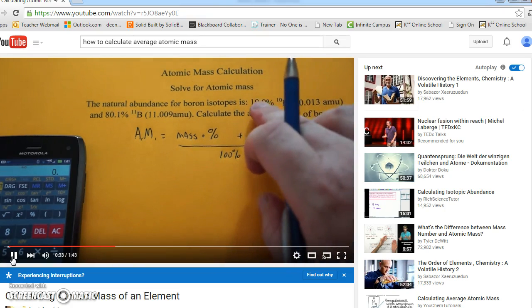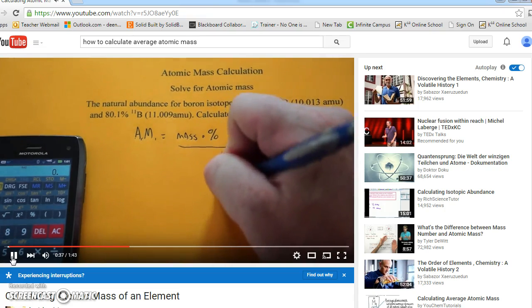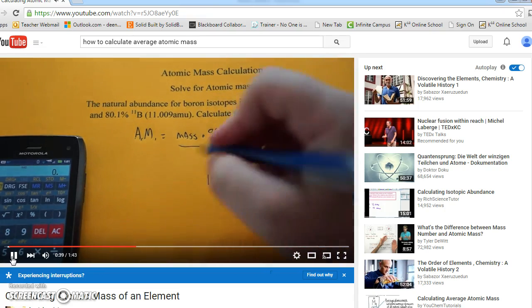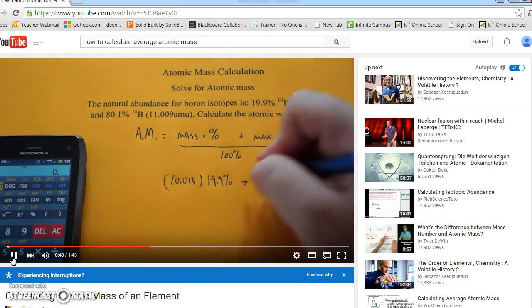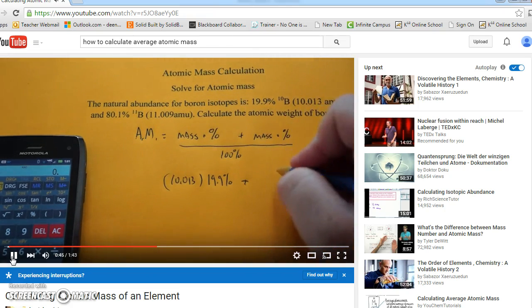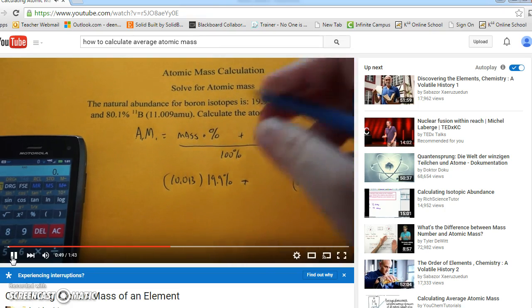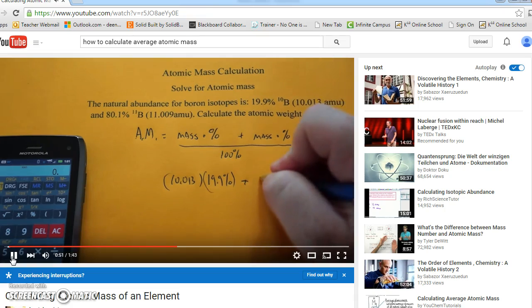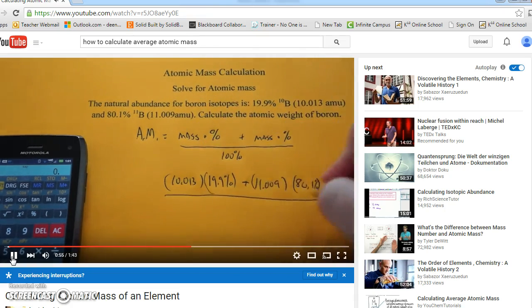So here we go. We have boron 10 at 19.9%, and boron 10 weighs 10.013 AMUs. So I'm going to multiply those and add it to the 80.1% times the mass, which is 11.009 AMUs. And we're going to divide that all by 100%.